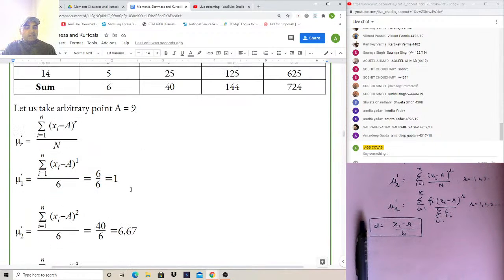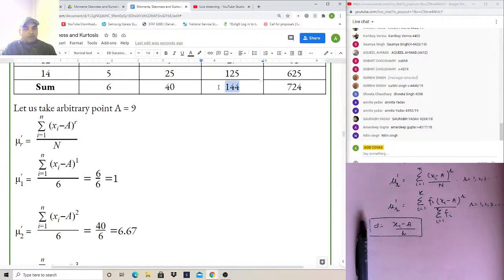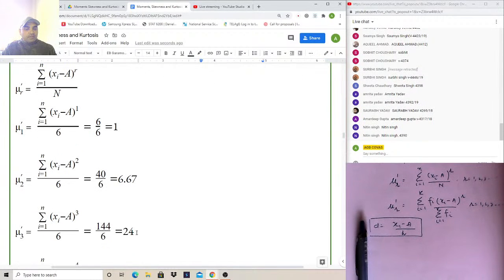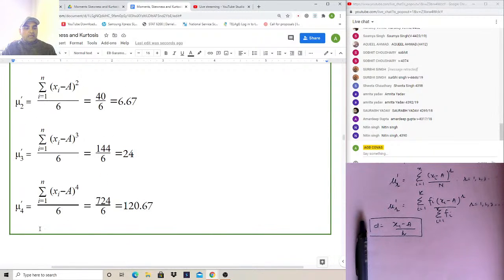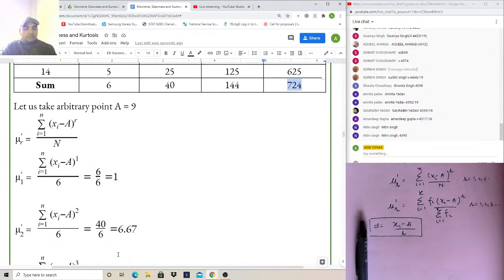Similarly, for mu2, the value was 40, and 40 divided by 6 will be 6.67. And for mu3, the value came out to be 144.